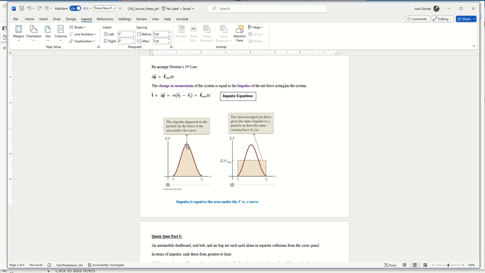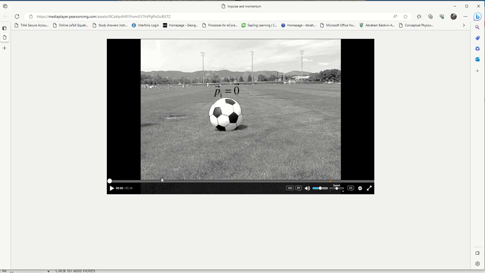Then the soccer ball is beginning to decompress back to its original shape, but it's still touching the foot. Then at T final, that's when the soccer ball loses contact with the foot and flies across the soccer field. So let's go ahead and look at that. And see, here's your soccer ball.